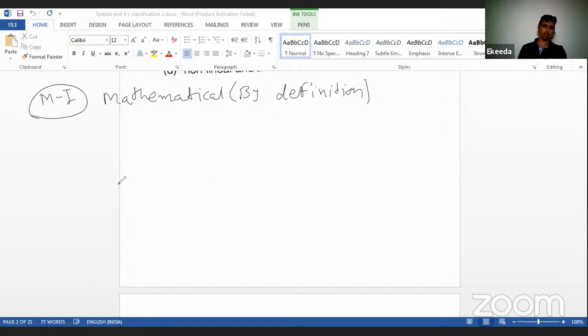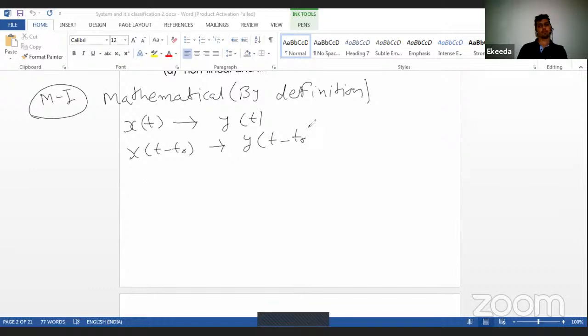What the mathematical definition says is that when input x(t) is there, then the output is y(t). So for x(t - t0), the output must be y(t - t0).